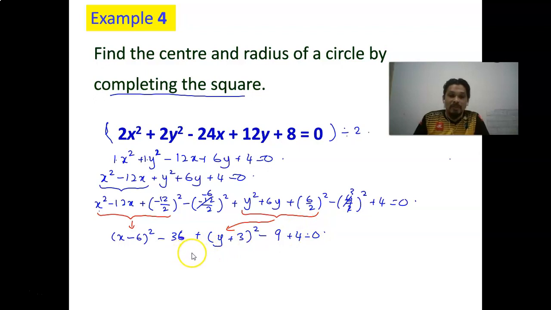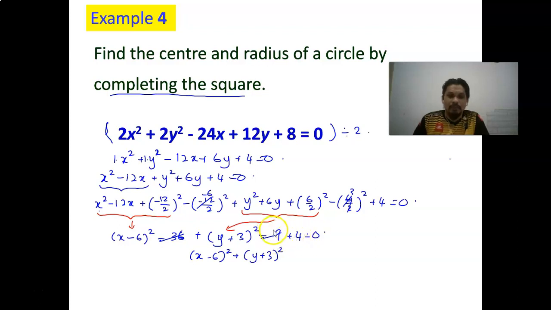So let's simplify this, where (x minus 6) squared plus (y plus 3) squared. Negative 36 minus 9 is negative 45.